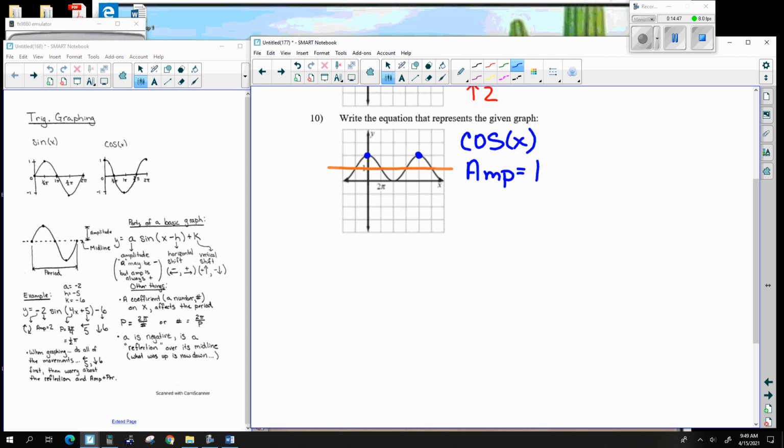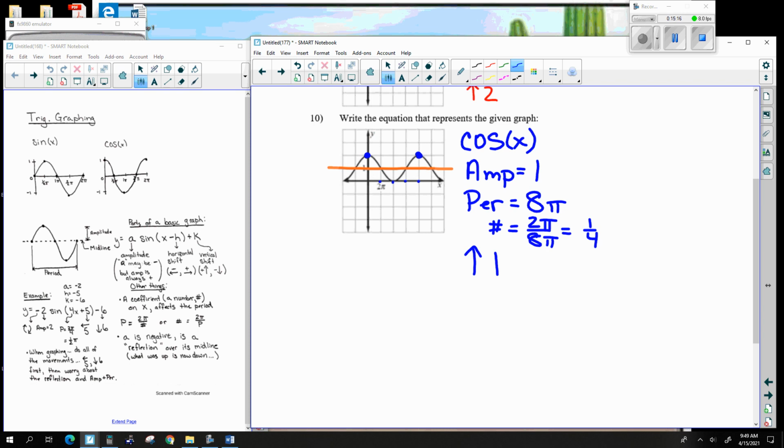Each line represents 2 pi side to side, so this period is going to be 2, 4, 6, 8. So the inside number is going to be 2 pi divided by the period. Pi's cancel out, that yields an inside number of 1/4. Other weirdo stuff is I see that the midline is moved up 1. It starts up, ends up, so it's not flip-flop.